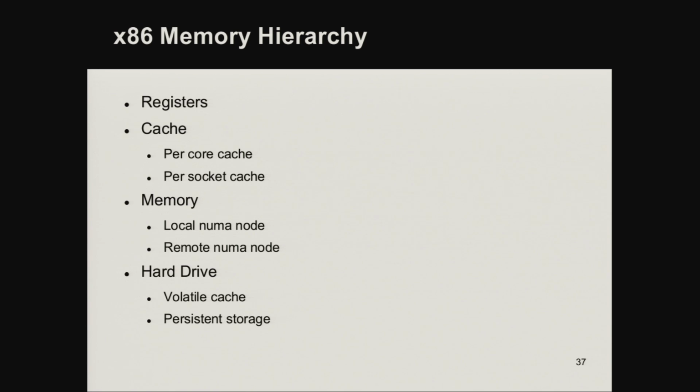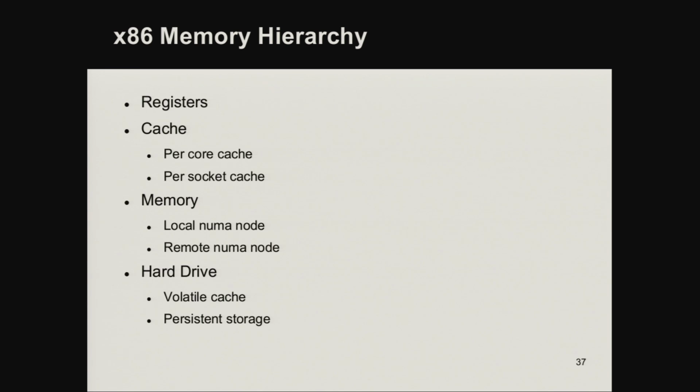The next thing you have is cache. You've got cache that's associated with a specific CPU core, and that's going to be fastest for that CPU, but a little bit slower than the registers. Now you have cache that's per socket. This is the stuff that's shared across CPUs that are packaged on the same die. And then we get to memory, and there we also have the same pattern repeat again.